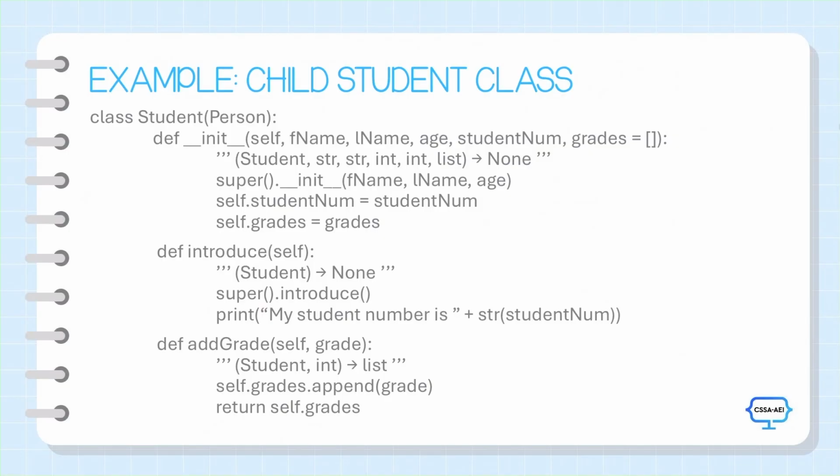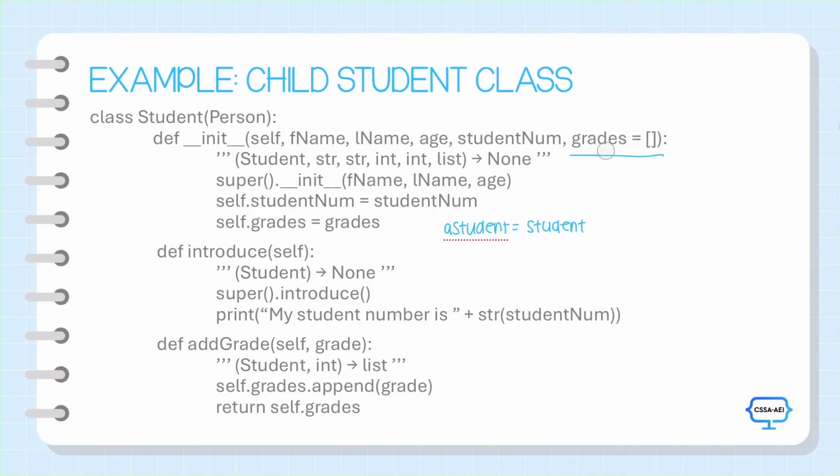So let's make a student right now. We're going to make a student, and we're going to pass it all these parameters. Here, because we have a default value, I actually don't have to give in a grades array. If I don't give it in, it'll automatically go to the default value.